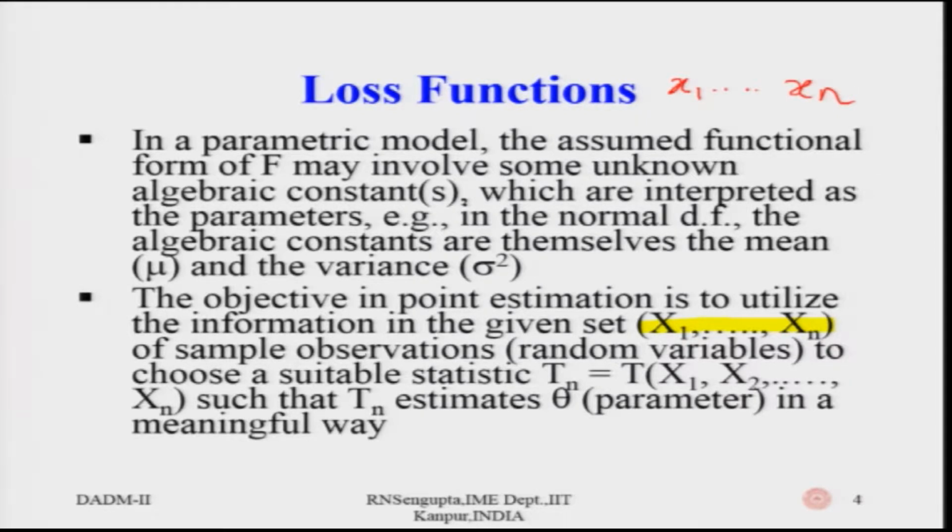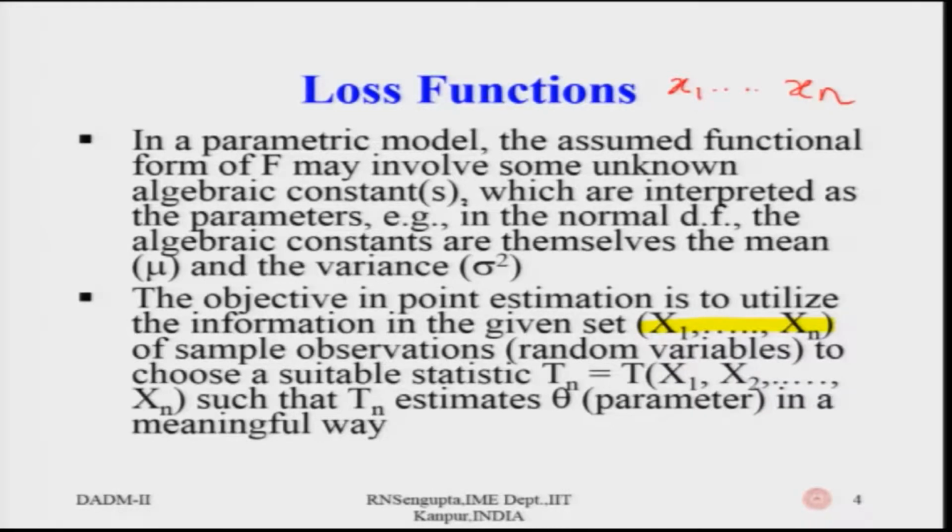Based on these random variables x1 to xn, we choose a statistic. A statistic is basically the characteristic which you are getting from the sample, which is Tn, where the suffix n means the number of observations. So, Tn is a function of x1 to xn. If you are trying to find out the mean, it can be the weighted mean, simple mean, exponential mean, whatever it is.